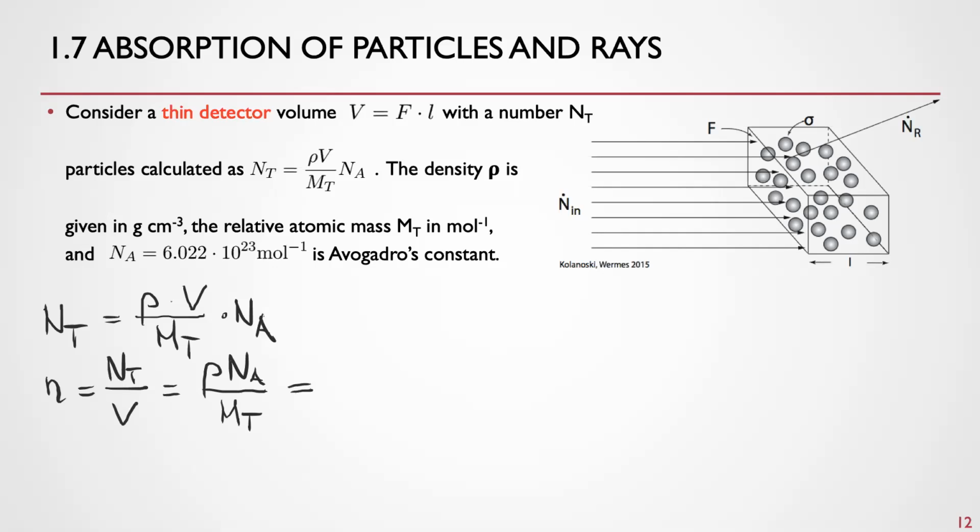Let's use the numbers for iron because it's a material that's often used in detector applications. So I take the density of iron, 7.8 something gram per centimeter cubed, and we divide this by the molar mass of iron.